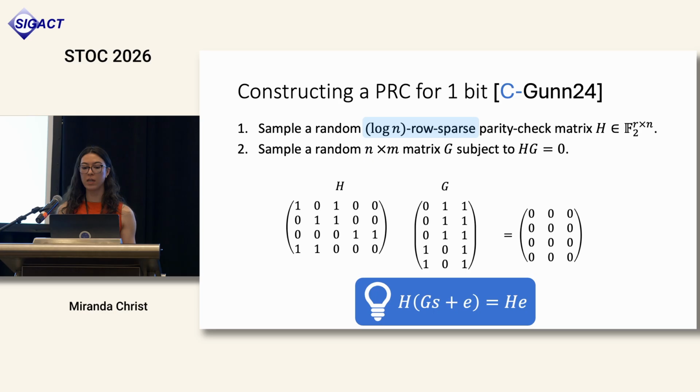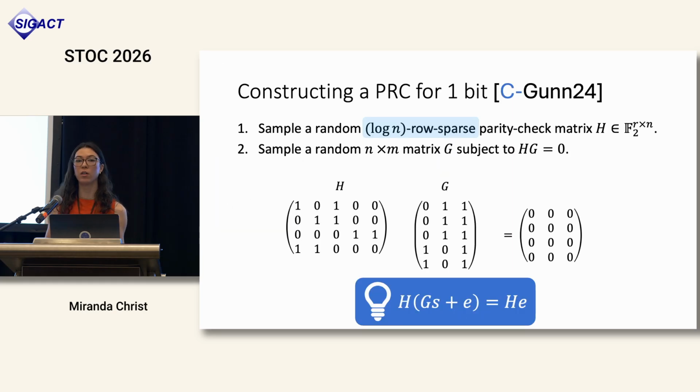What this gives us is that if we have some noisy codeword GS plus E and we multiply it by the parity check matrix, then what we get is just H times E. And since the rows of H are sparse, if E has low weight, then H times E will actually have lower weight than you would expect compared to H times a random vector. So multiplying by H will let us distinguish between noisy codewords and random vectors.